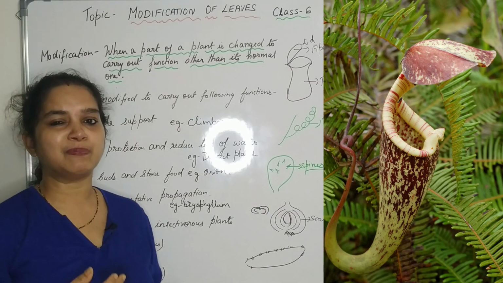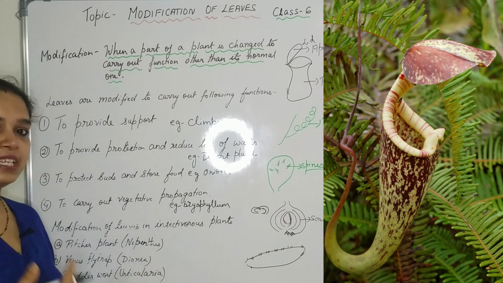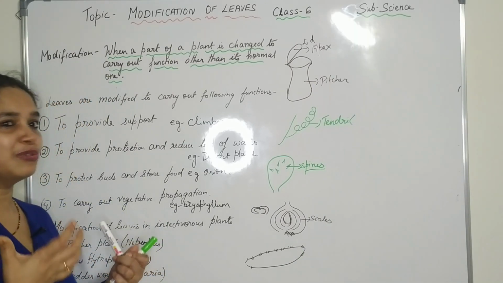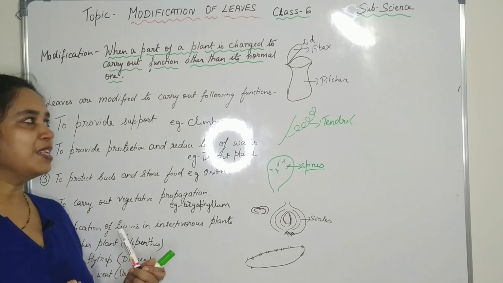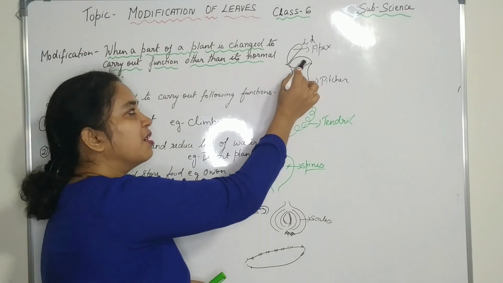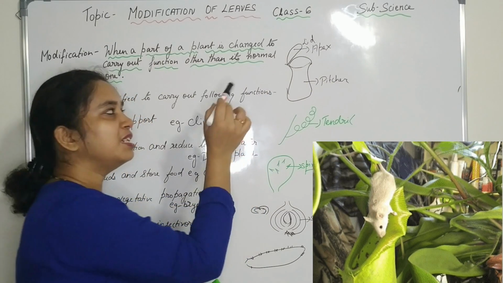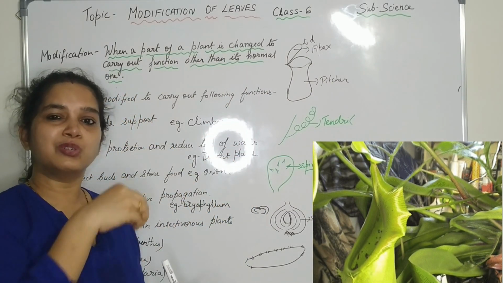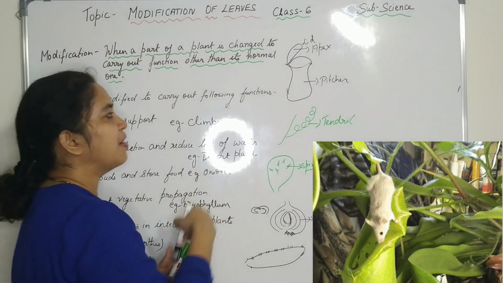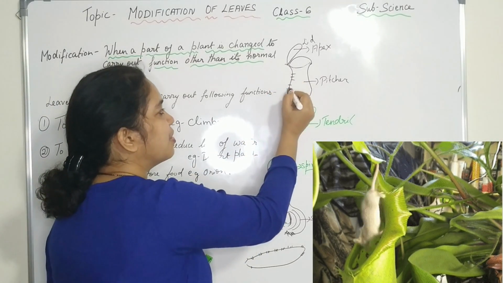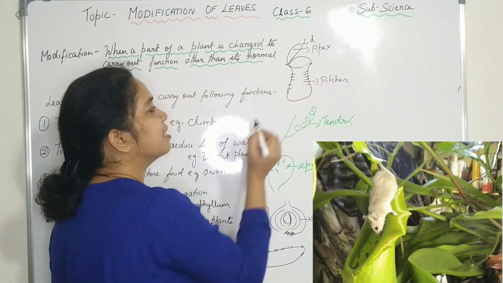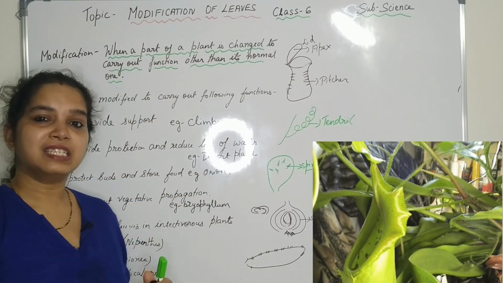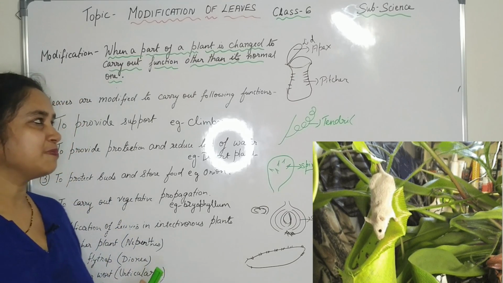These are green in color, so insects come in search of nectar because it looks like a pitcher. When an insect sits on the rim of the pitcher plant, it slips inside, and there are small hair-like structures inside the pitcher which secrete digestive juice, and hence the insects are digested by it.